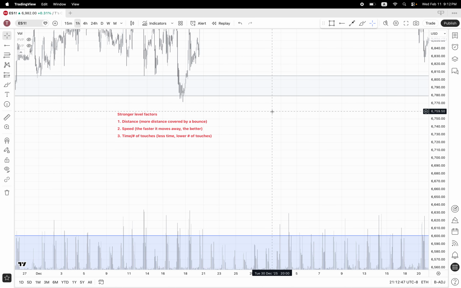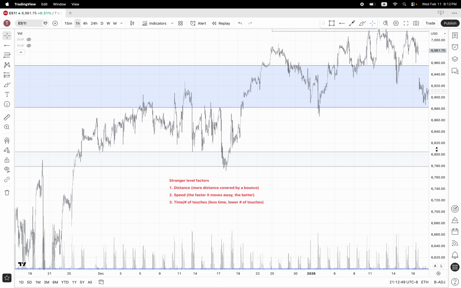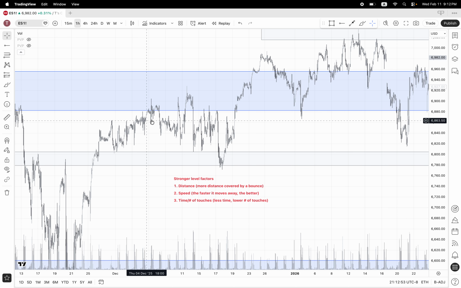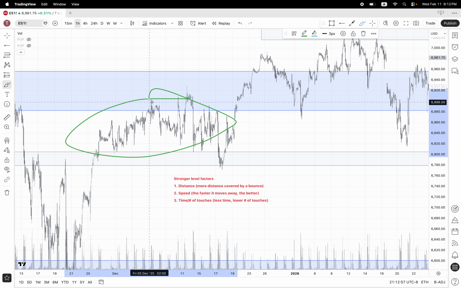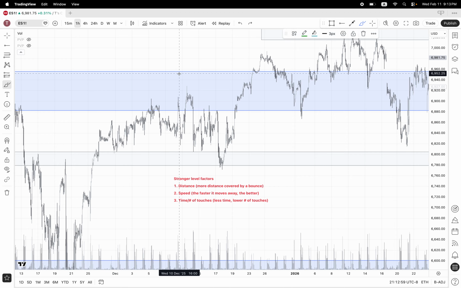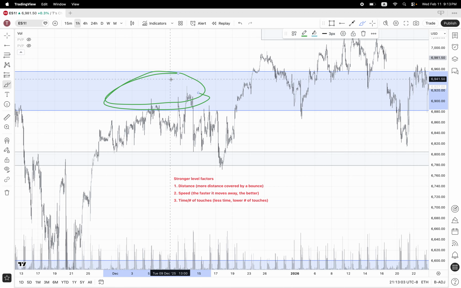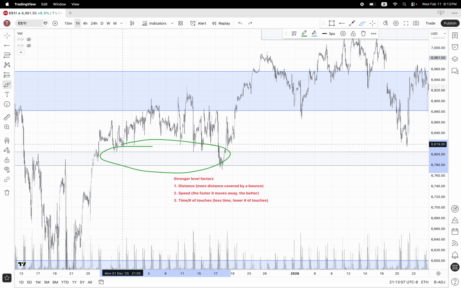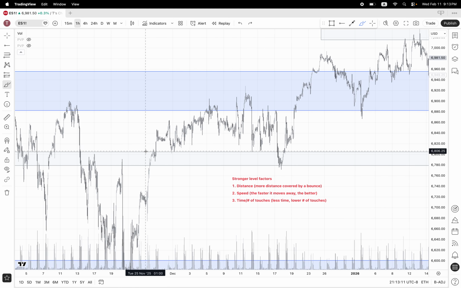Now, some people use certain color schemes, like let's say you're in this moment right here. Some people go ahead and just map the resistance, the supply, they would make it red, and the demand, the support, they would make it green. I don't really care for that.